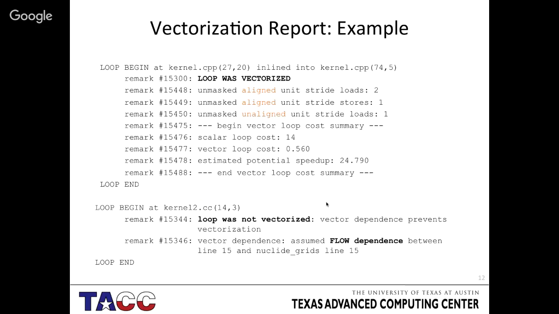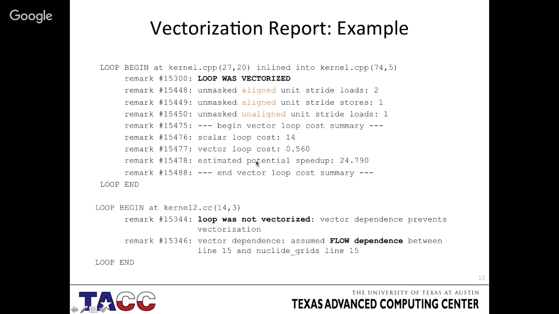So here's an example of the output for a vectorization report, and it provides information on whether the loop vectorized, and whether the data was aligned or unaligned, and you usually get better performance when the data is aligned.